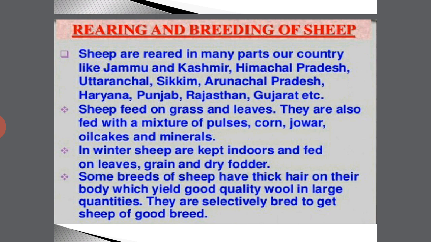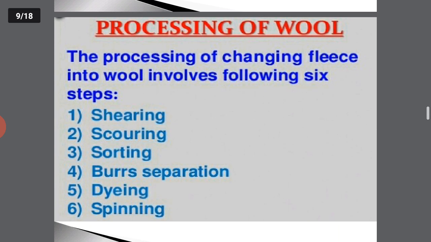So in this slide we studied the states, the food for the sheep, how the sheep are kept indoors in winter, and how breeding is done to get good quality sheep. Let's move further: how the wool is processed.